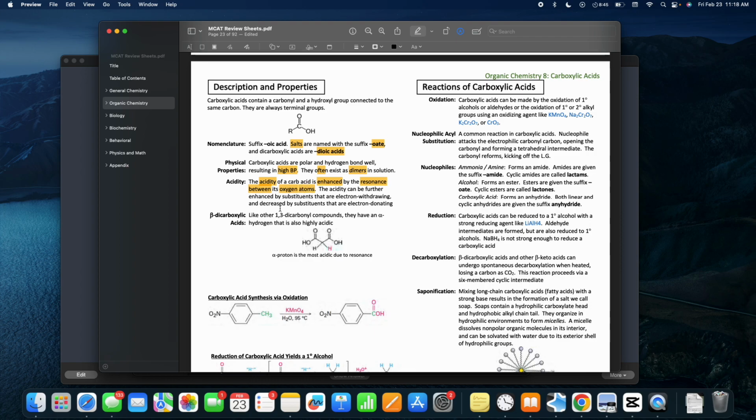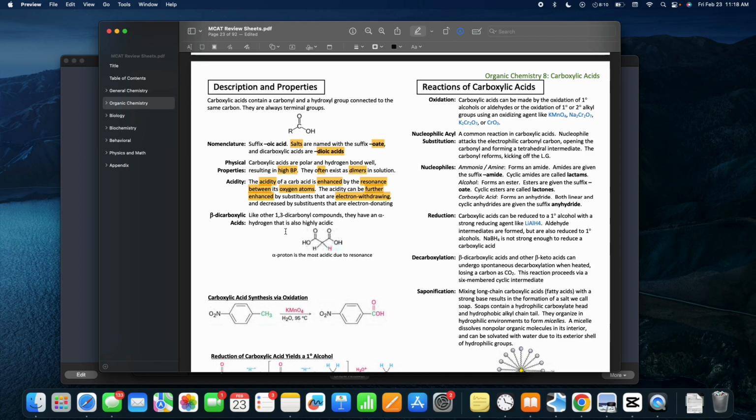The acidity can be further enhanced by substituents that are electron withdrawing and decreased by substituents that are electron donating. So you want the electrons to go away from the central carbon.